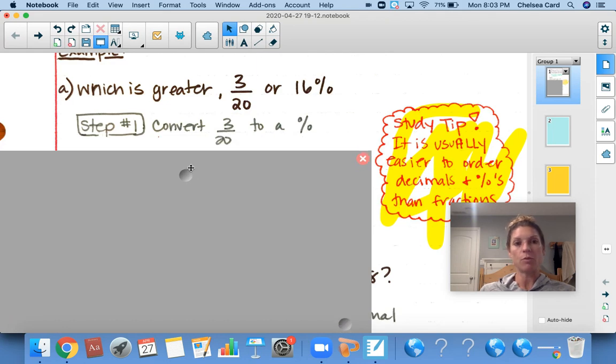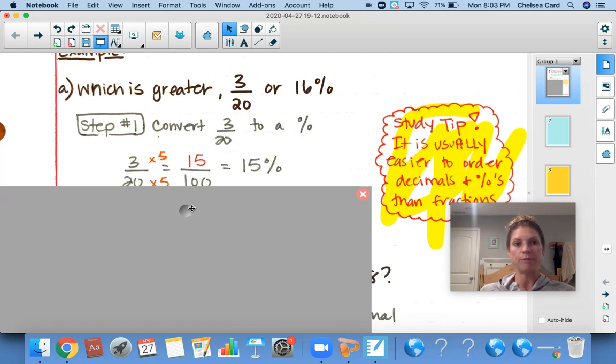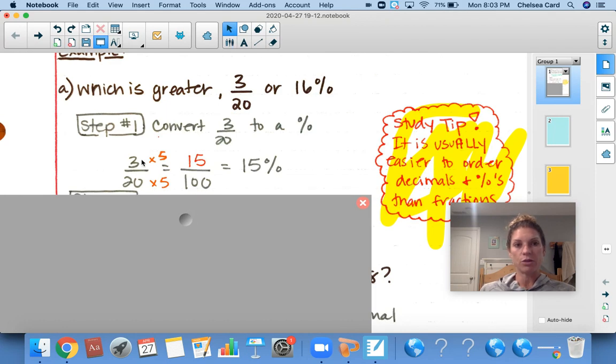So my step number one is to convert 3/20ths to a percent. When I set this up, 3/20ths is going to be equivalent to something over 100. And remember, the reason it's over 100 is because percent is out of 100. Also, multiplying from 20 to 100 is really easy because I can just multiply by 5.